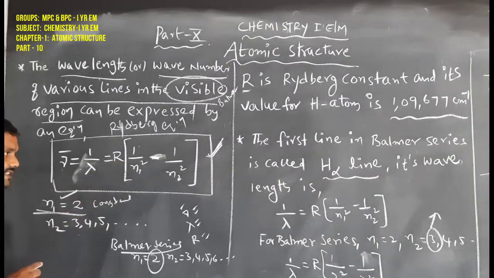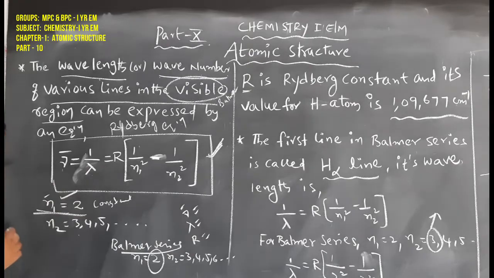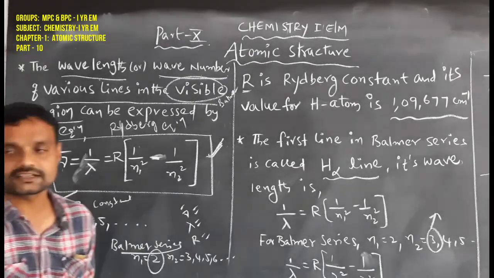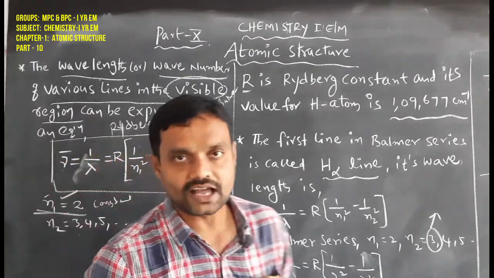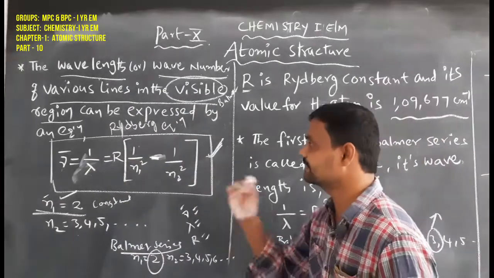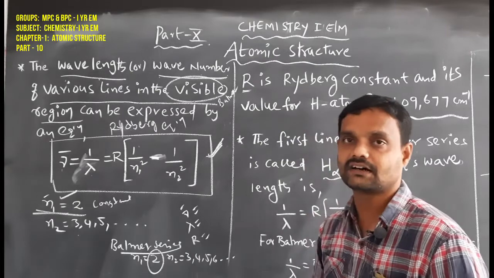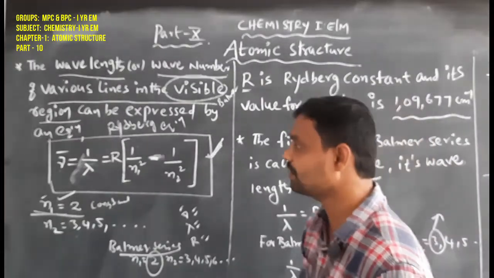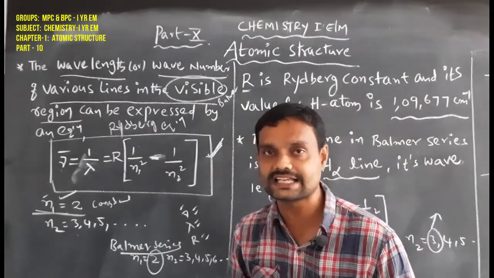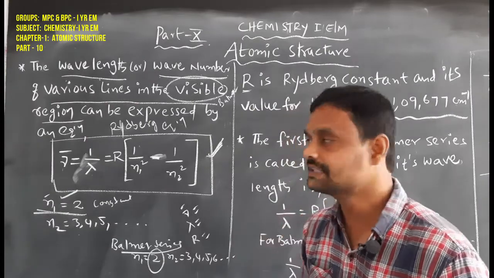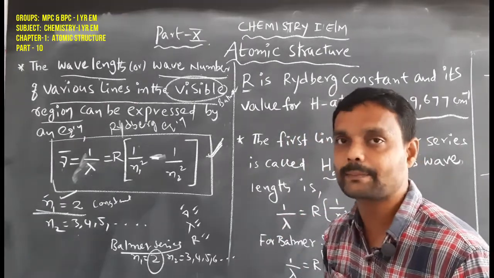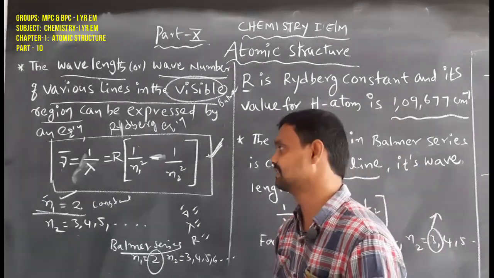So in this equation, n1 is 2 and n2 is 3, 4, 5, 6 up to infinity. This equation is used to determine the wave number or wavelength of the various lines in the visible region, that is, in the Balmer series.